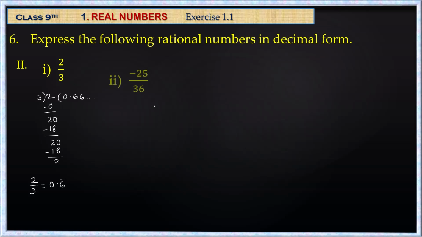Now second one, minus 25 by 36. Divide 25 by 36. 36 0s are 0. 25 minus 0 is 25. Put a decimal point. It will become 250. And take 36 6s. 36 6s are 216.